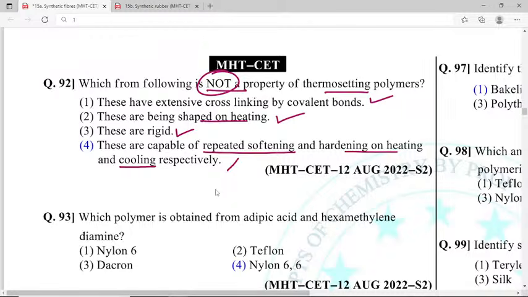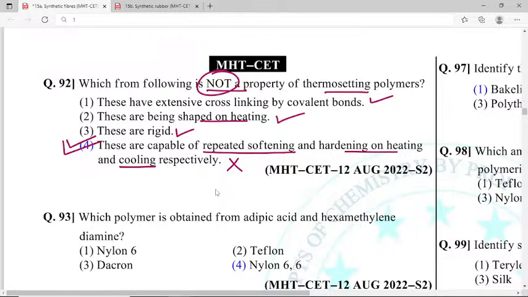So this is not a true property, so this is your answer. It is not a property of a thermosetting polymer. This is a property of a thermoplastic polymer. Option number 4 is correct for thermoplastic polymer, not for thermosetting polymer. So the answer is the 4th option.